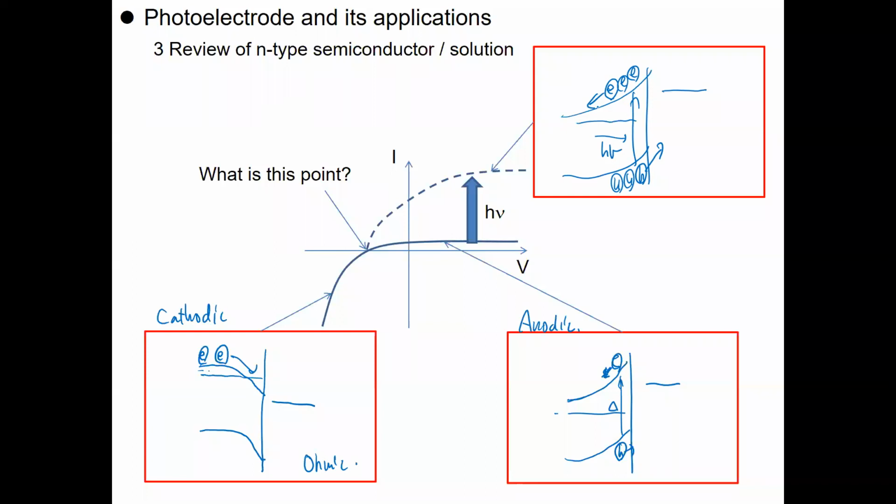That's why you could see the increase of the drift current. Some small drift, large drift current. So this is a summary for the N-type semiconductor electrode when light is applied.